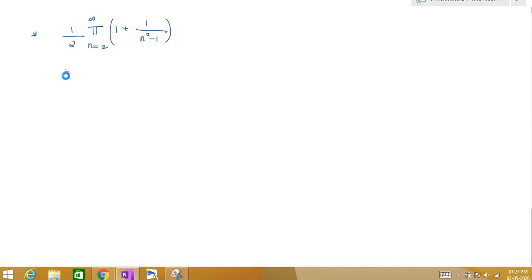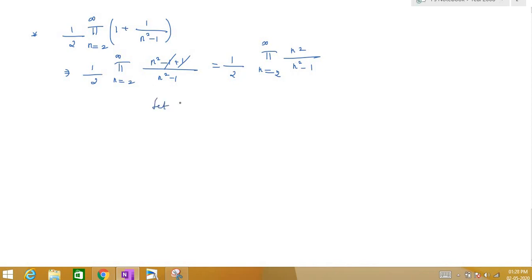So I can write this as 1 by 2 into product of n is equal to 2 to infinity, n square minus 1 plus 1 by n square minus 1, right? And this will be equal to the product of n is equal to 2 to infinity, n square by n square minus 1, right?